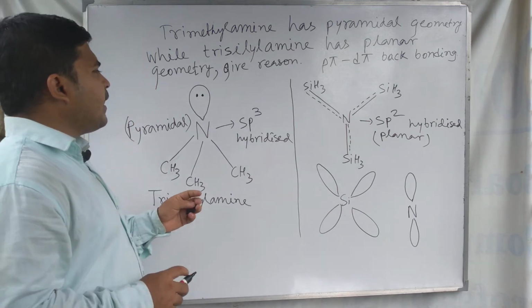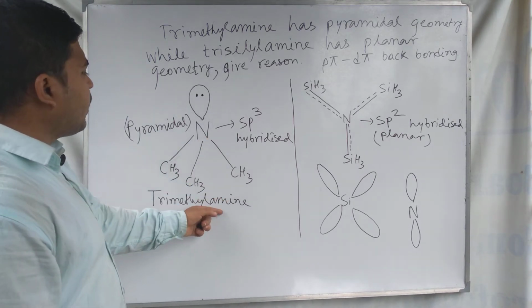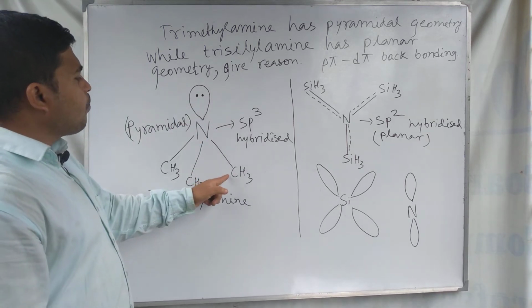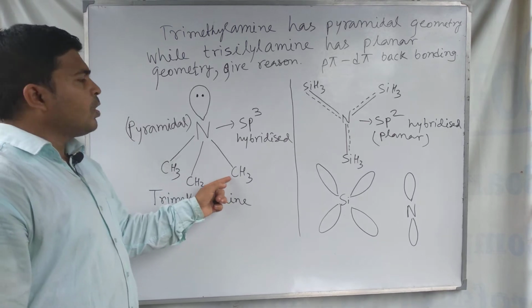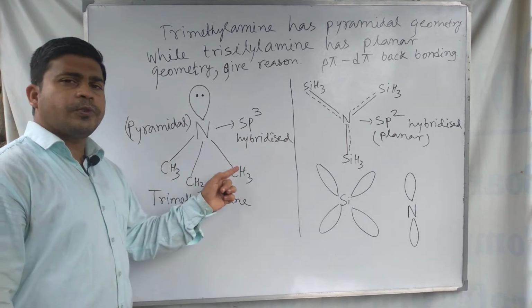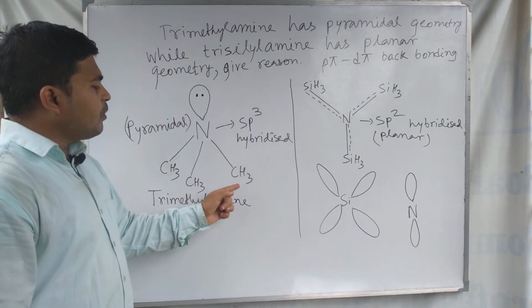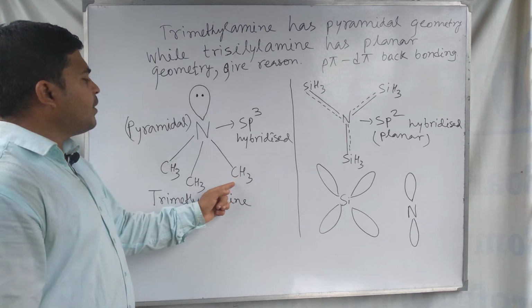In case of trimethylamine, this lone pair of electrons cannot form pp back bonding with the methyl group because of the absence of a d orbital in carbon. Carbon has no energetically suitable vacant d orbital.